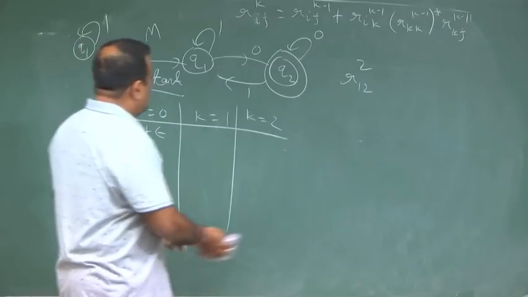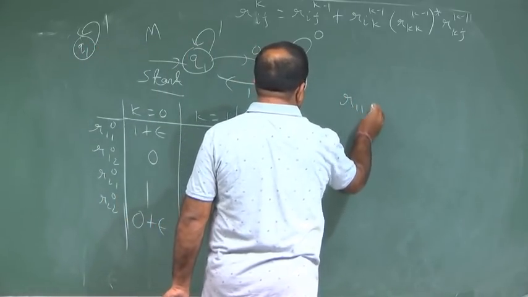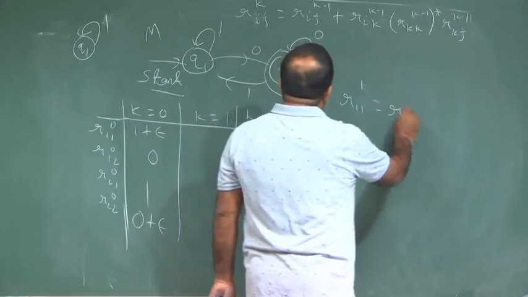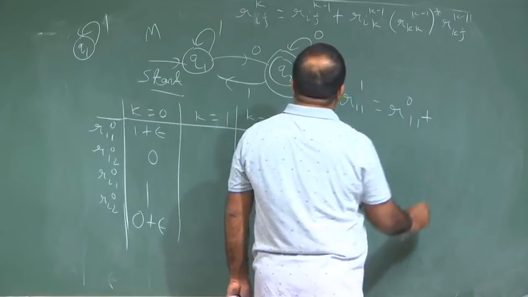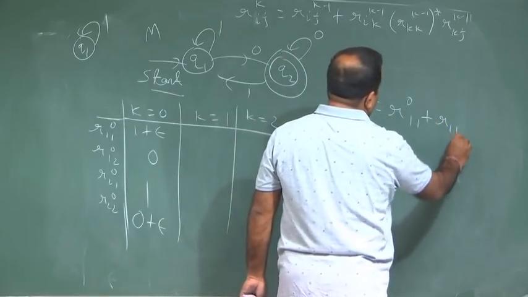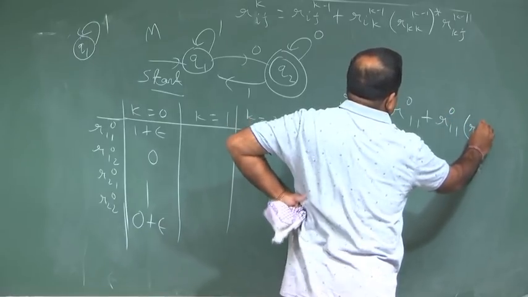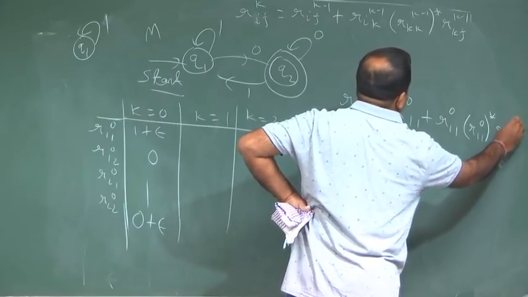So, then what is R? You have to find R 1 1 1. So, R 1 1 1 is basically R 1 1 0 plus, with k is 1, R 1 1 0 star, then R 1 1 0.